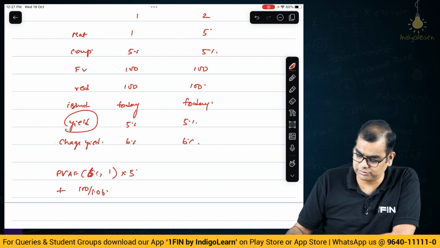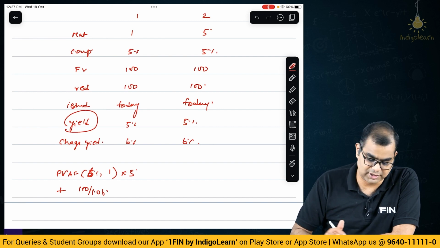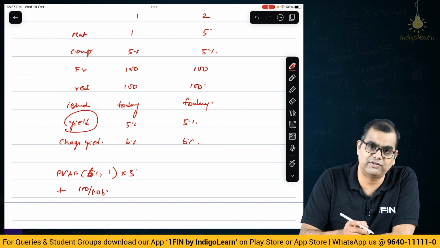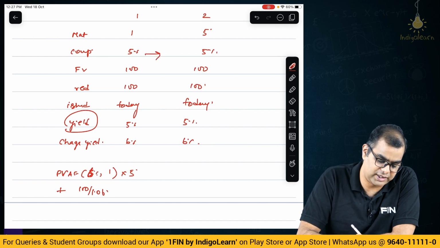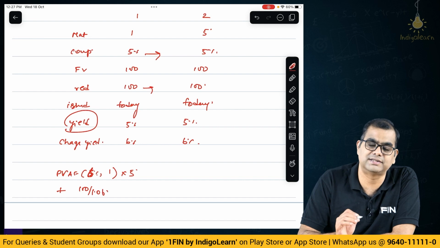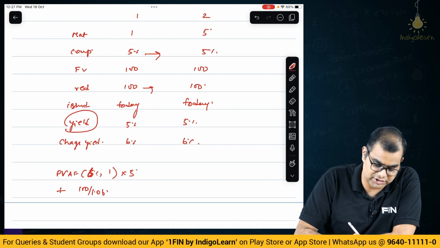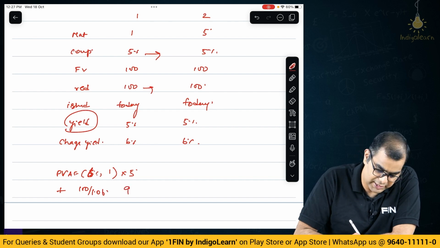Simple, right? So basically 105 by 1.06, correct? Because at the end of the period you will get 5 as coupon and you will get 100 back as redemption value. So, 105 by 1.06, the price will be 99.05.